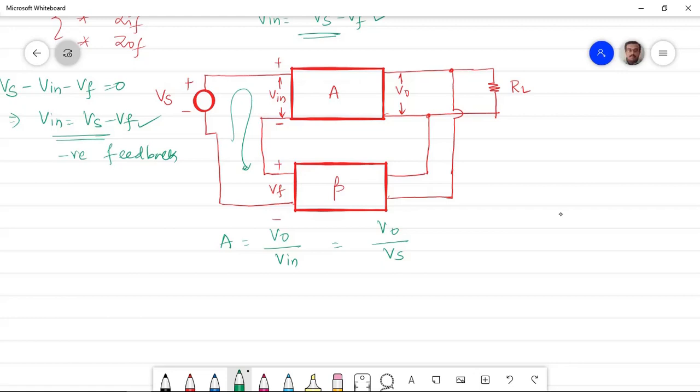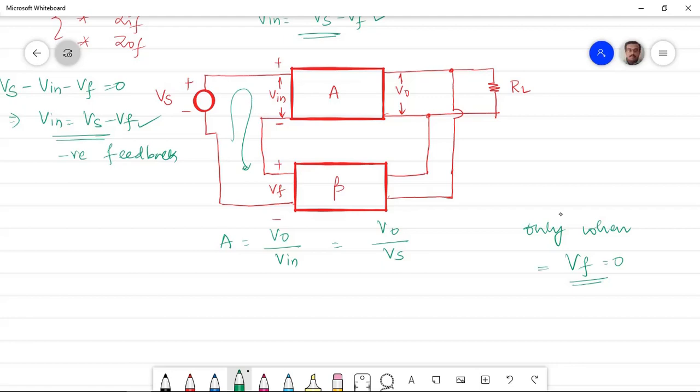But this is true only when Vf has become equal to 0. So initially there won't be any feedback at all. Why is that so? Because initially when you turn on the amplifier, there may not be any output. At that instant of time, there may not be any output.